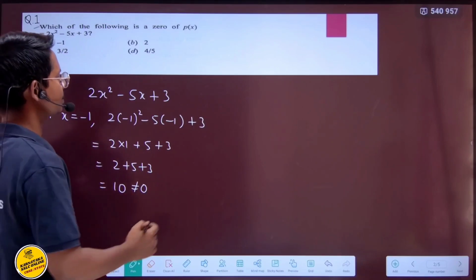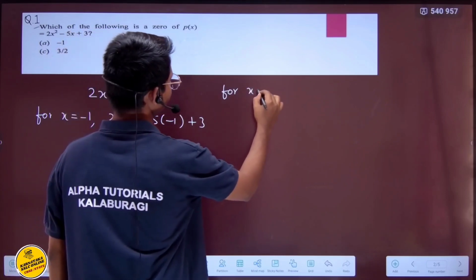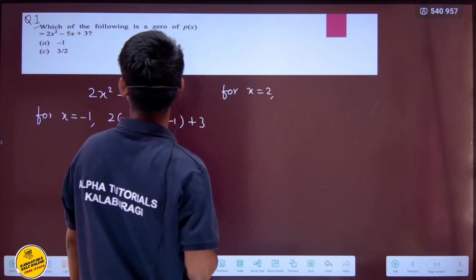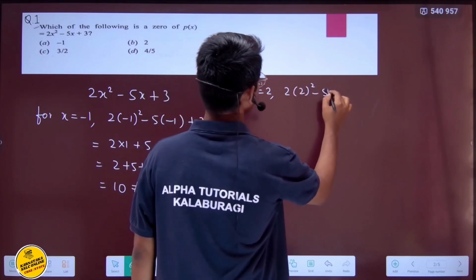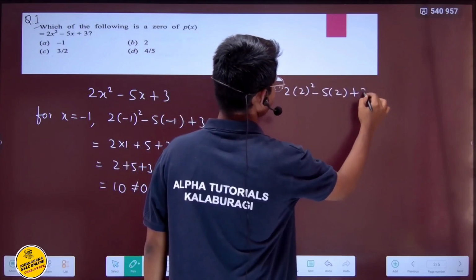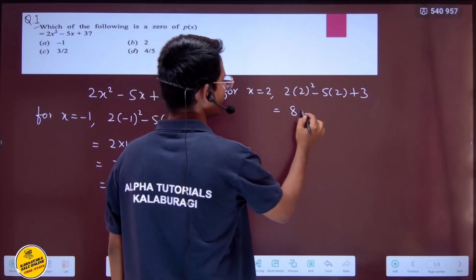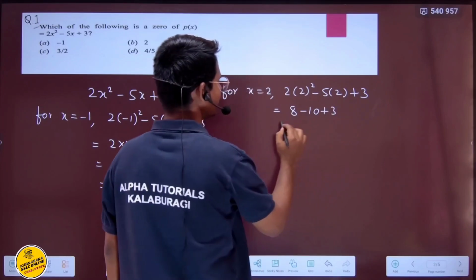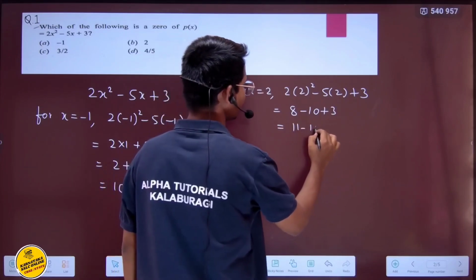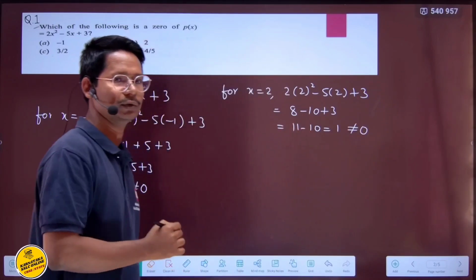So we'll go with the next option, x equal to 2. So 2 of 2 square minus 5 of 2 plus 3. Now 2 square is 4, 4 into 2 is 8, minus 5 into 2 is 10, plus 3, 8 plus 3 is 11, 11 minus 10, you are getting 1. Again 1 is not equal to 0, so it is not your answer.